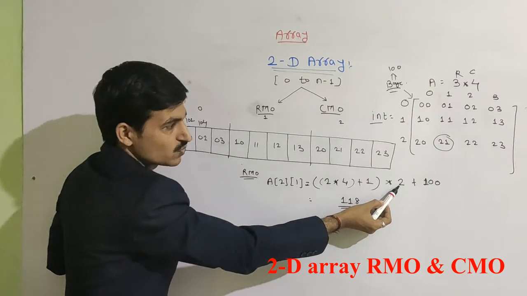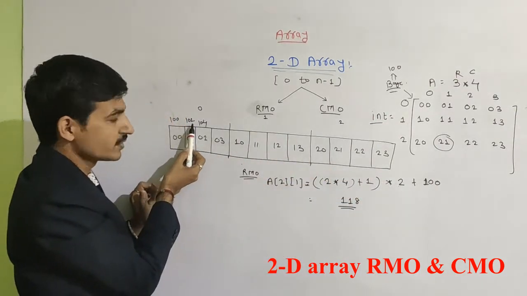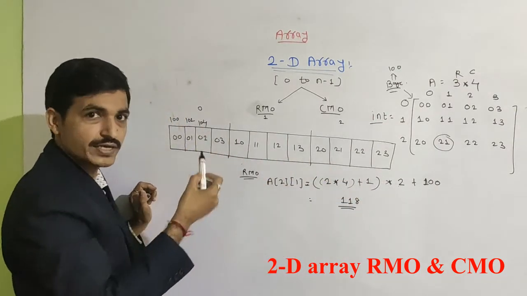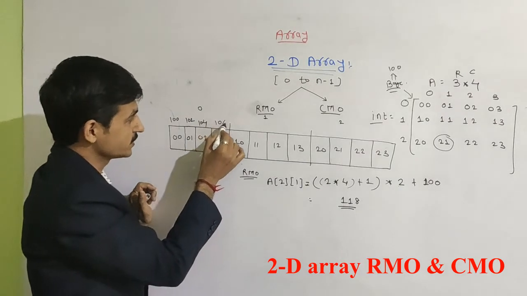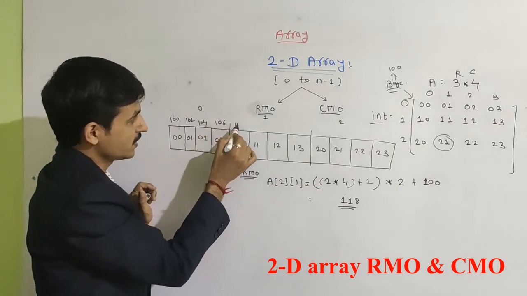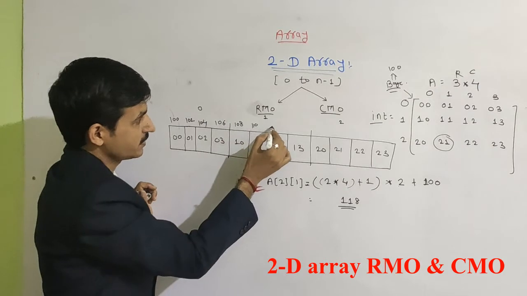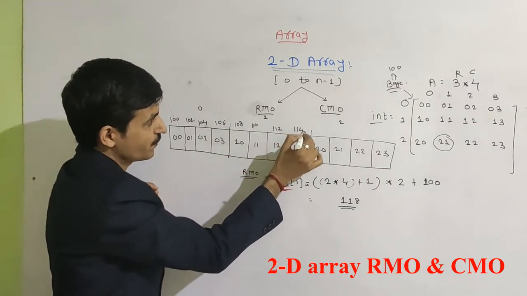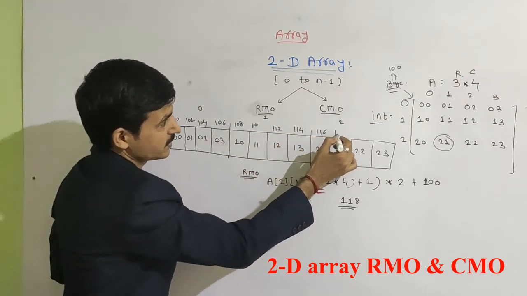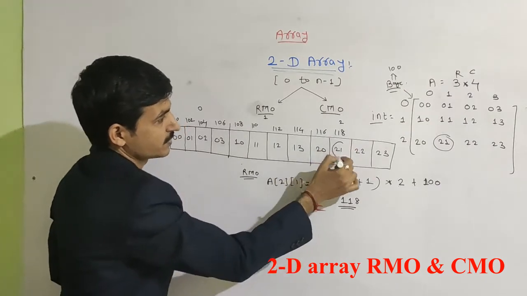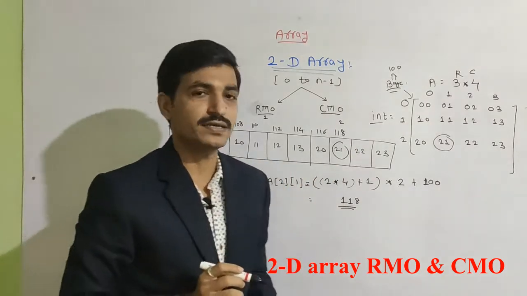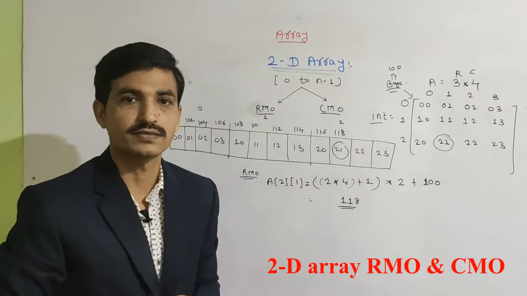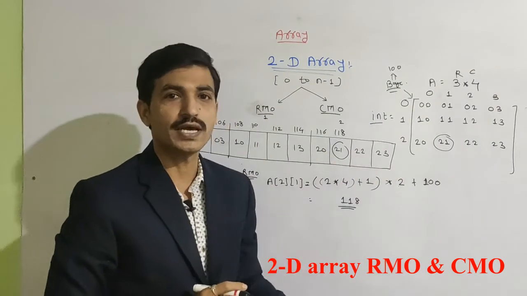As we mentioned, the size is 2. So 100, 102, 104, 106, 108, 110, 112, 114, 116, 118. So it is exactly 118. In this way we can calculate the address.